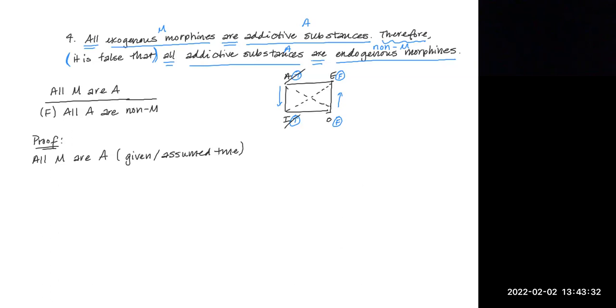I don't want to use O because it doesn't get me any closer to A. What I mean by that is conversion, obversion, and contraposition do not allow you to move between universal and particular statements, between all and no statements, and some are not statements. You can only move within them. So if I choose the O statement here, I'm going to end up having to go back to the square. And I don't want to do that.